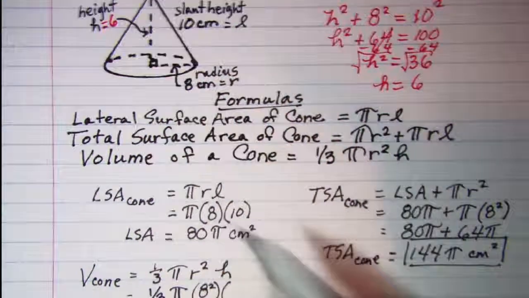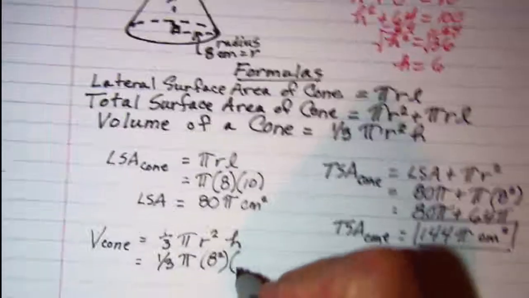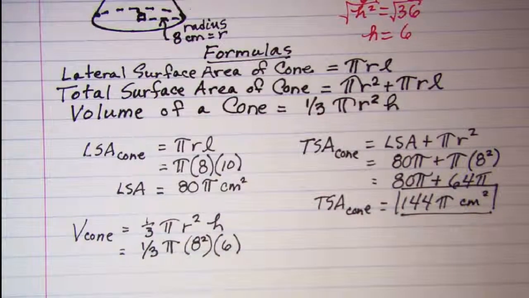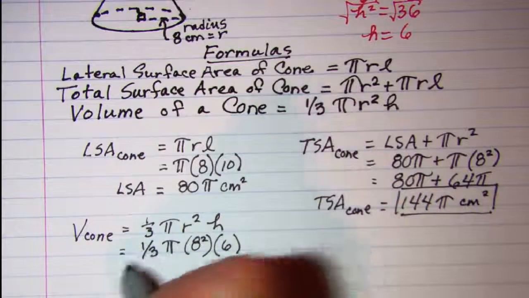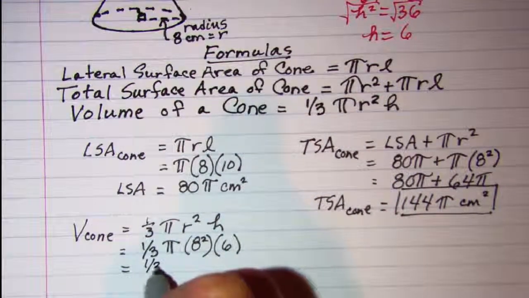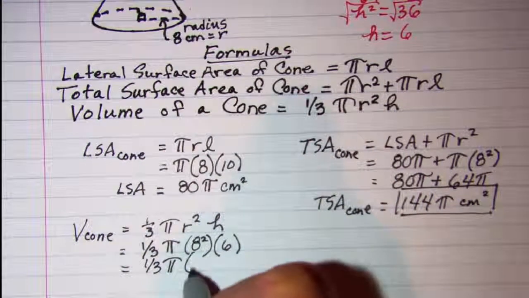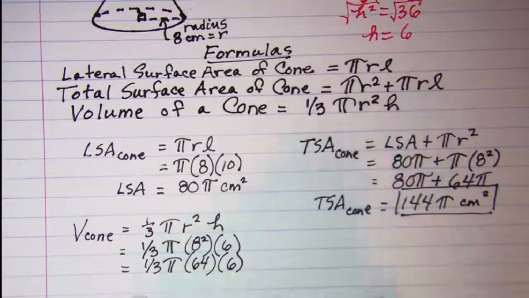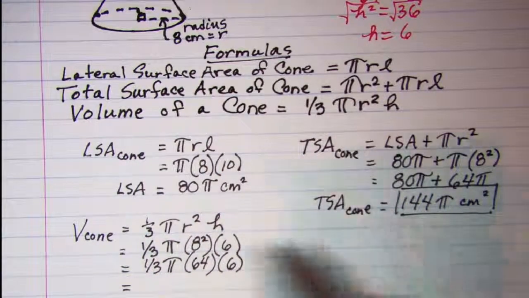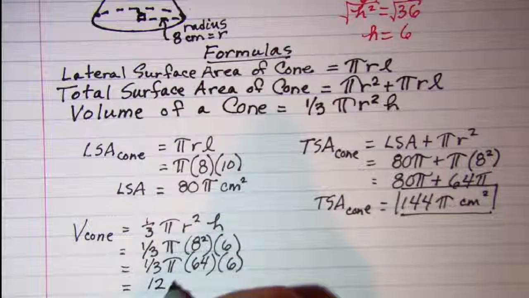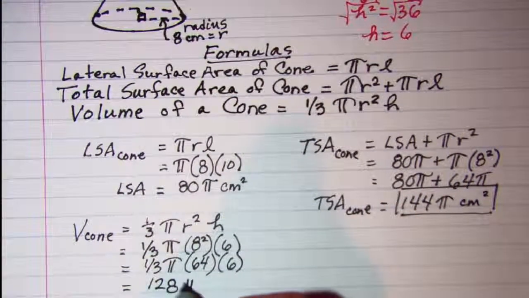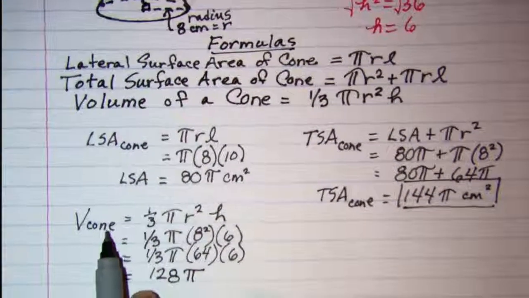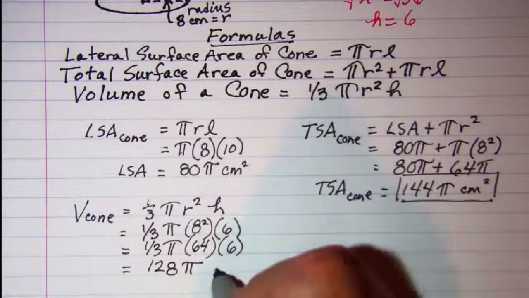So that's 6. Alright, this is 1/3 pi times 64 times 6. So if we do the math here, we get 128 pi. And since this is volume, my units are cubic centimeters.